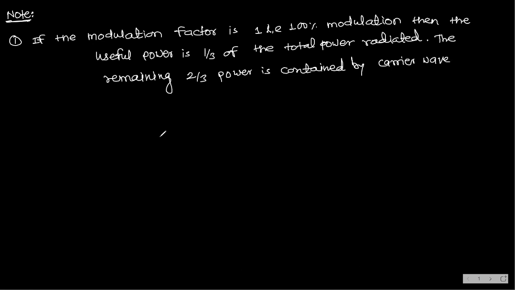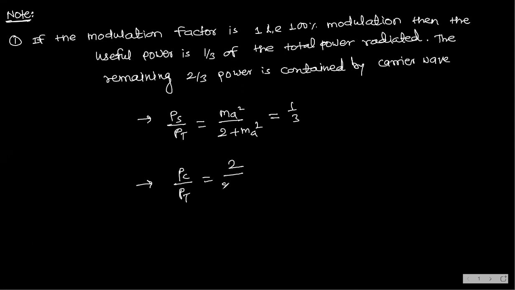Okay, it means what, Ram? See, this PS by PT is equal to MA square divided by 2 plus MA square. This already we have finished. This is equal to 1/3. And PC by PT, this is carrier with respect to total, is equal to 2 divided by 2 plus MA square.